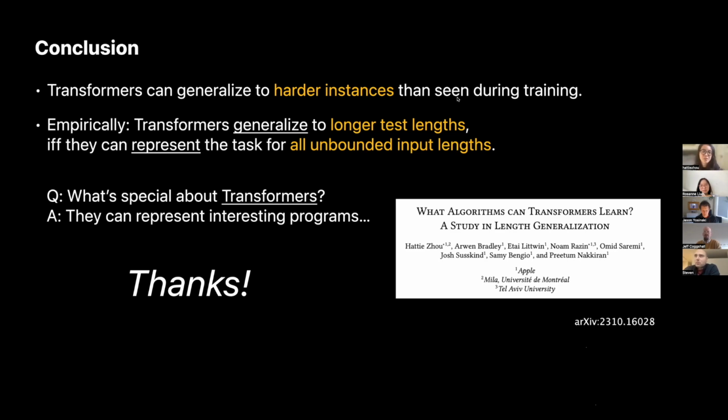For example, if you have a task that just does indexing and another task that uses indexing to do something else, and for the task that just does indexing you have a longer distribution during training, can the second task leverage that to generalize better? Questions of that sort are very interesting, and understanding how tasks can affect each other is a good direction, I think. Okay, thank you.